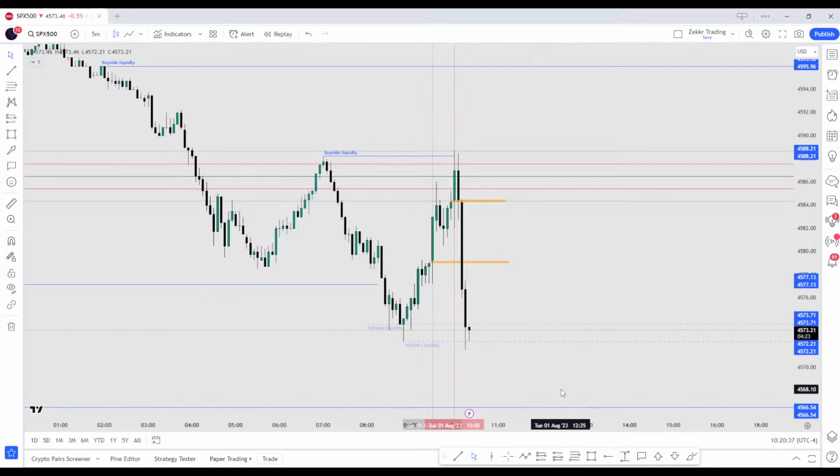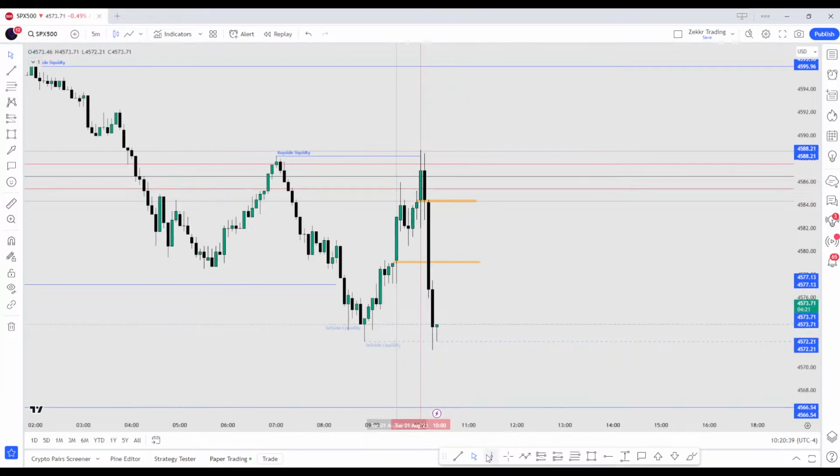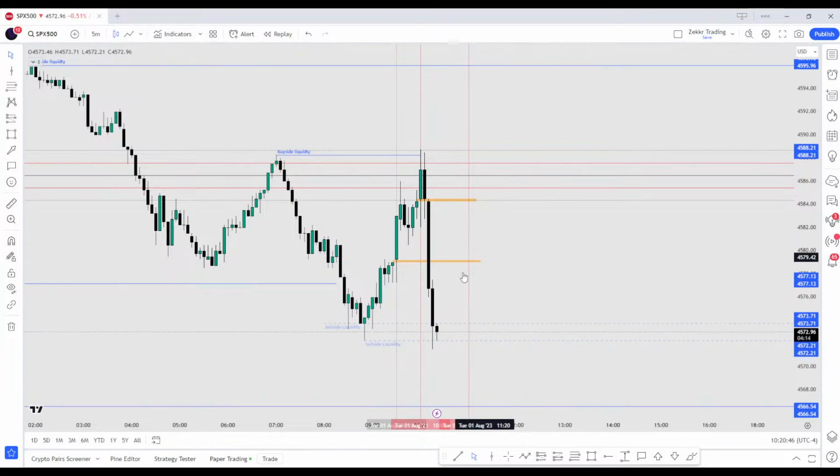Come on, I'm looking for longs right now. I'm gonna stop trading at exactly 11. If fair value gaps form at 11, I'm gonna take it. But if fair value gaps don't form, I'm just gonna wait.